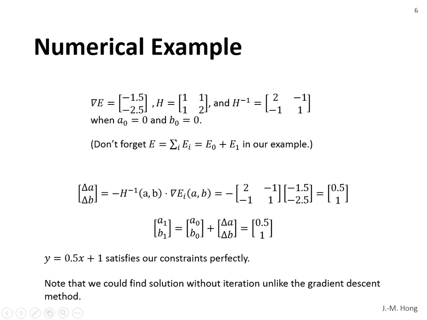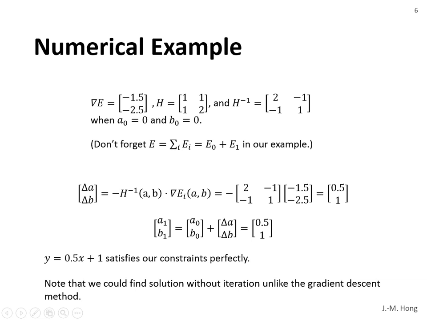And don't forget that, in our example, we introduced two constraints. So delta A, delta B equals minus H inverse times the gradient, which is 0.5, 1.